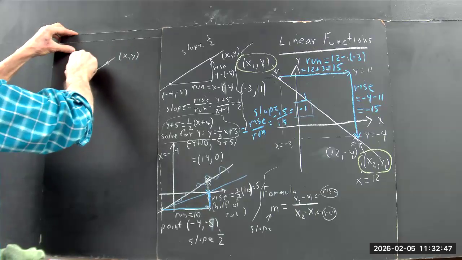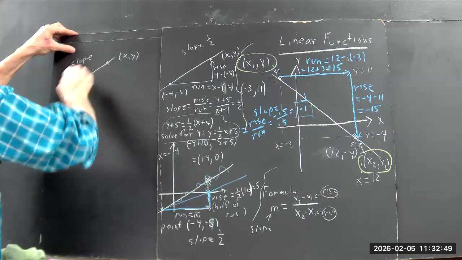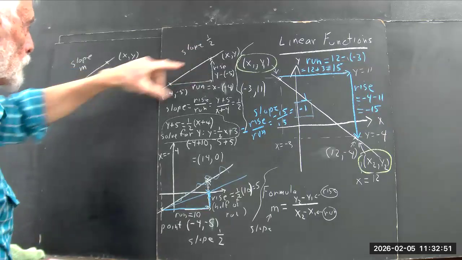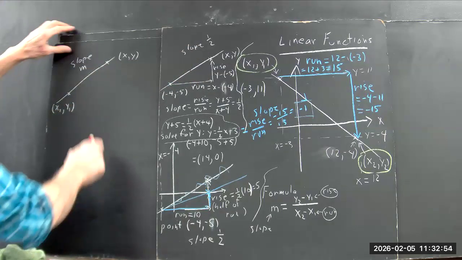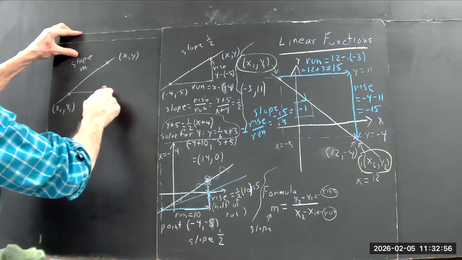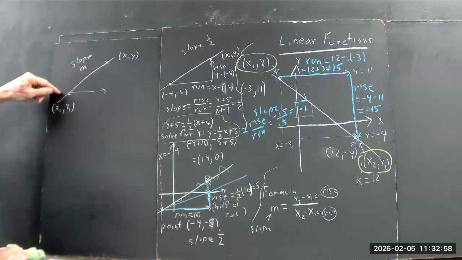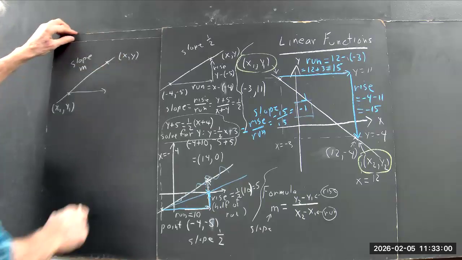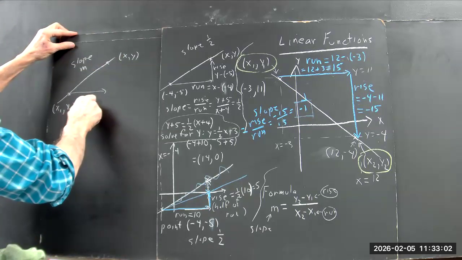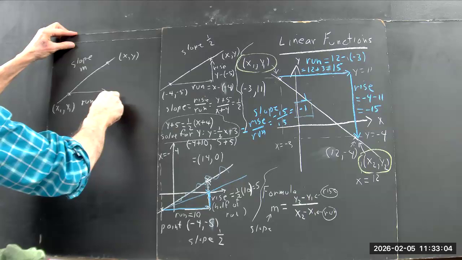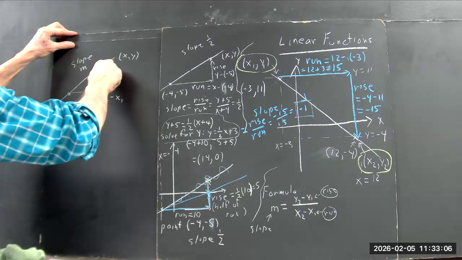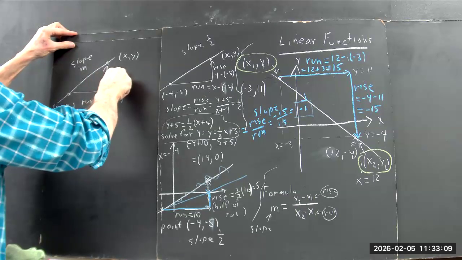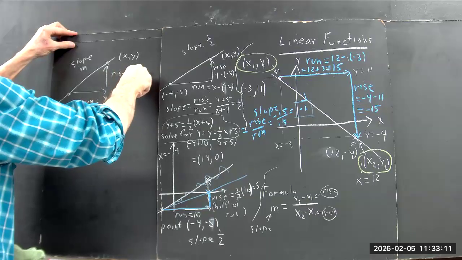And the slope, instead of 1/2, we'll call the slope m. Then, moving horizontally from x1 to x, my run is x minus x1. My rise is y minus y1.